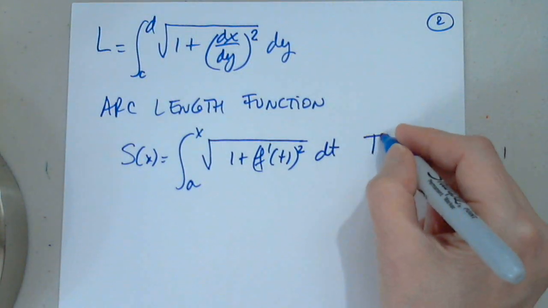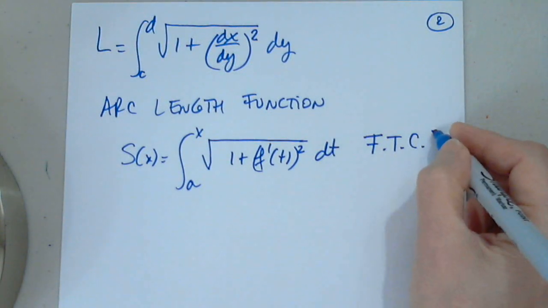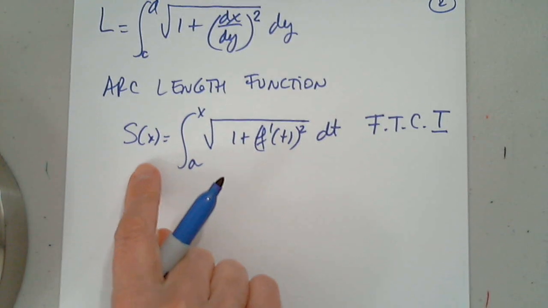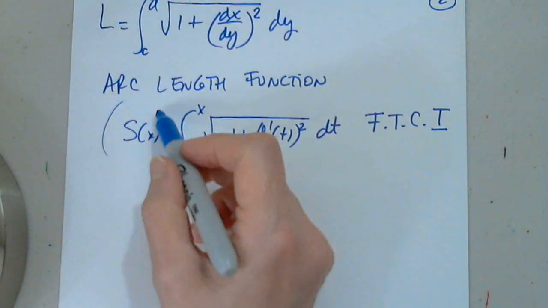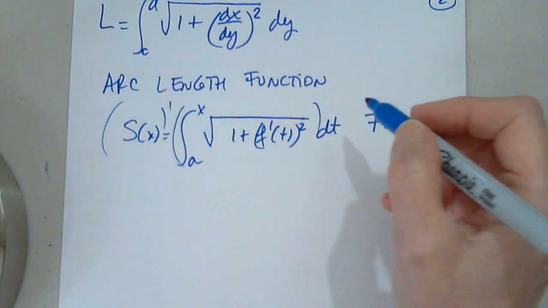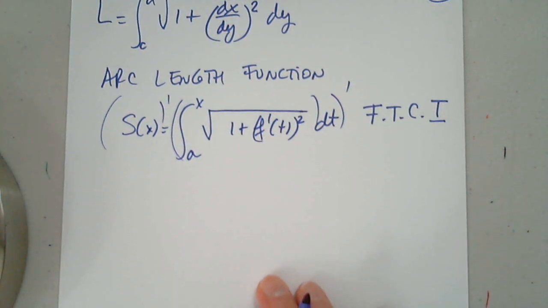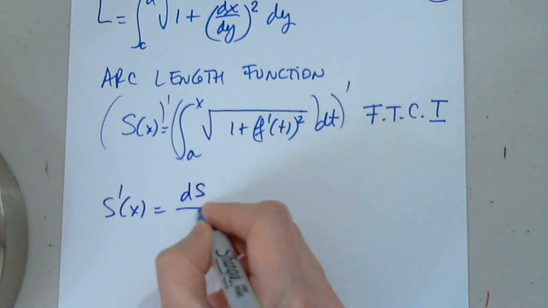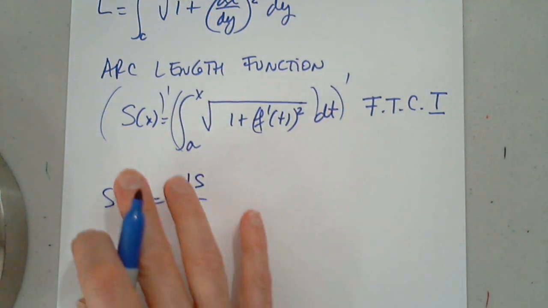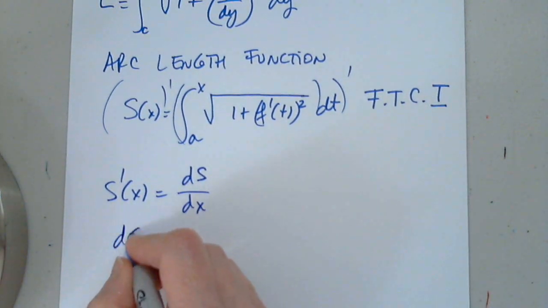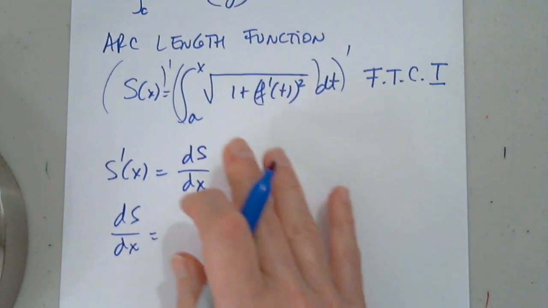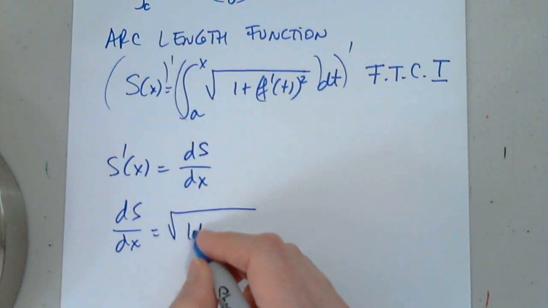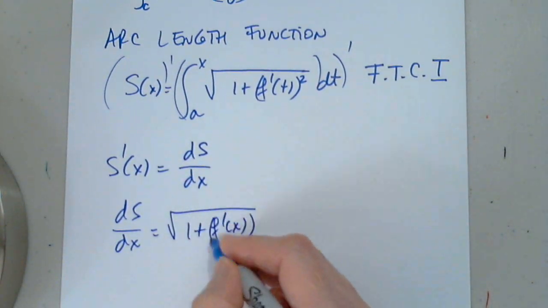And applying now the fundamental theorem of calculus part 1, if we want to find the derivative of this, we're going to differentiate the left-hand side and differentiate the right-hand side. So we get s prime of x, which can be rewritten as ds over dx on the left-hand side. And on the right-hand side, all we have is the square root of 1 plus f prime of x squared.